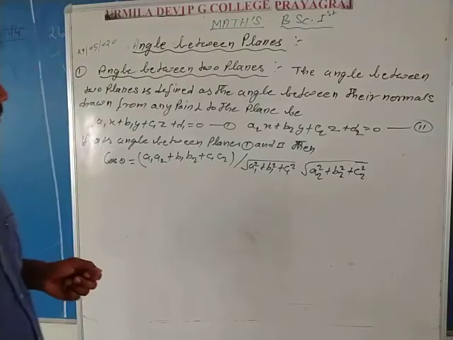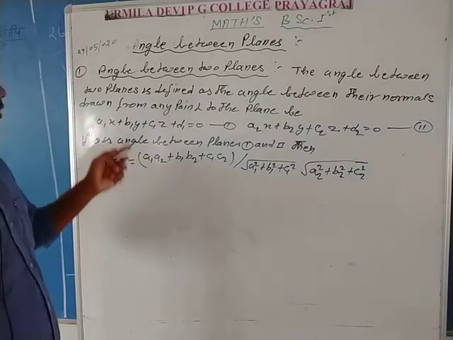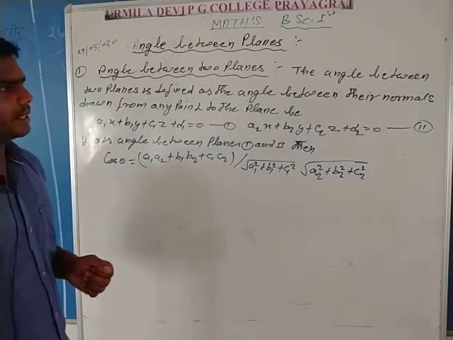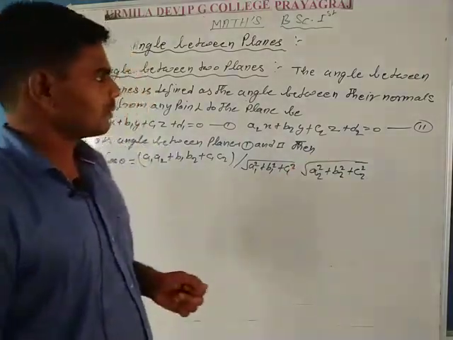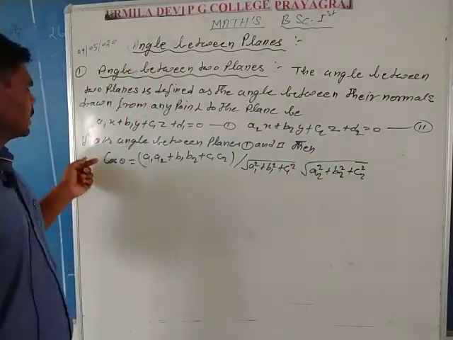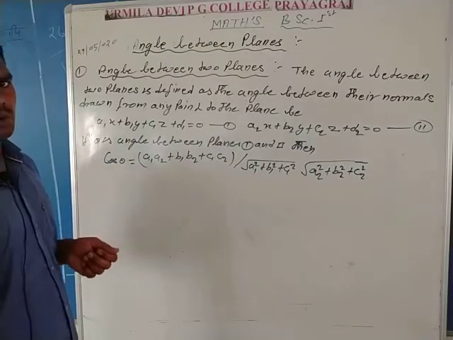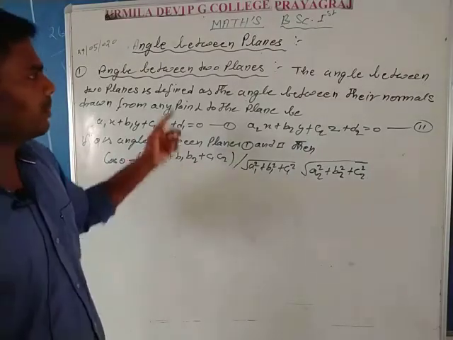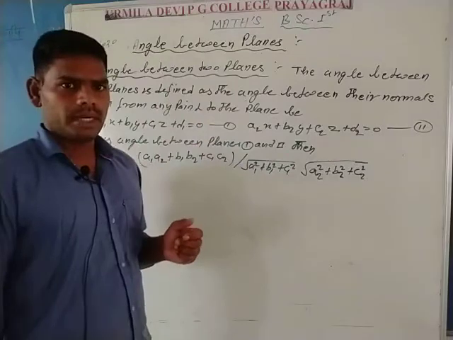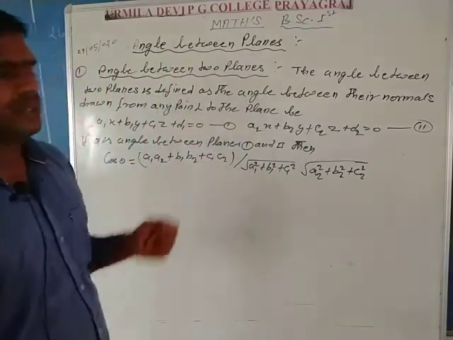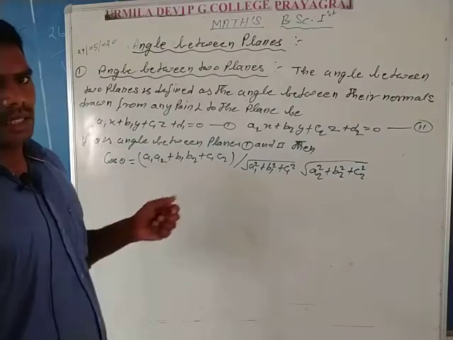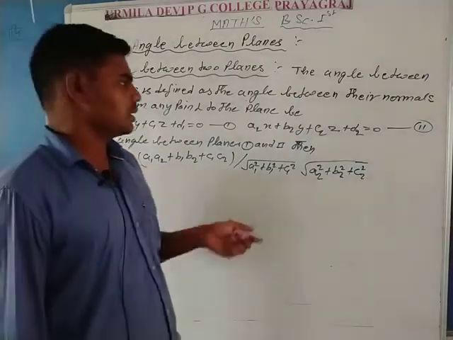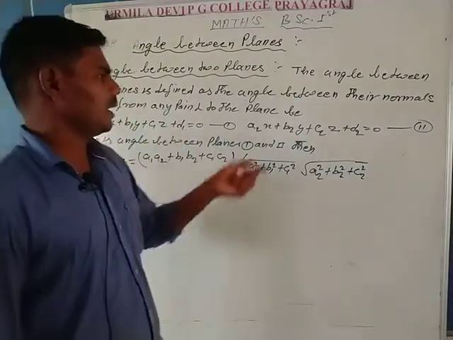Here we consider two planes, the first denoted by equation first and the second by equation second. Suppose that theta is the angle between these two planes, then by definition of angle between two planes, theta will also be the angle between their normals, meaning the normal of the first plane and the normal of the second plane.